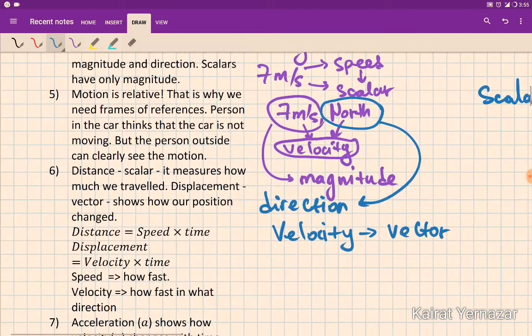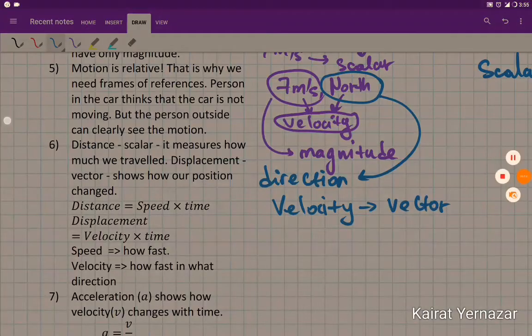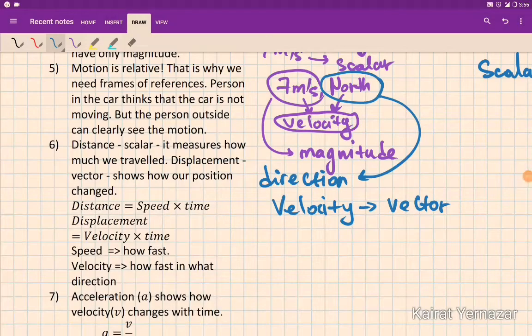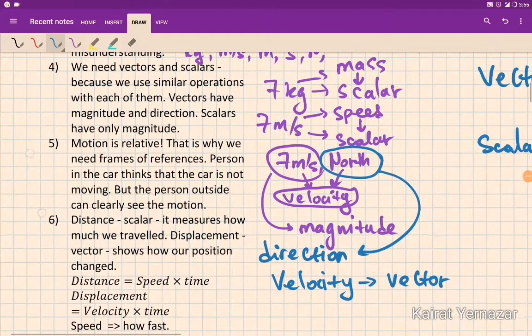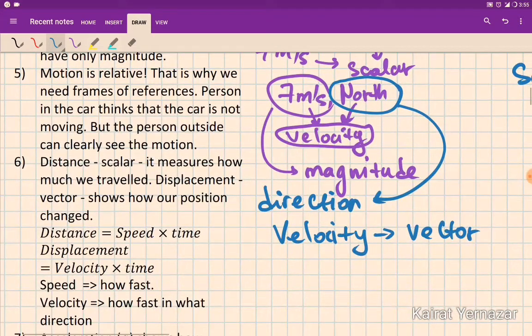Next thing to learn is that motion is something relative. That is why we need frames of reference. For example, a person in the car thinks that the car is not moving, but the person outside can clearly see the motion.